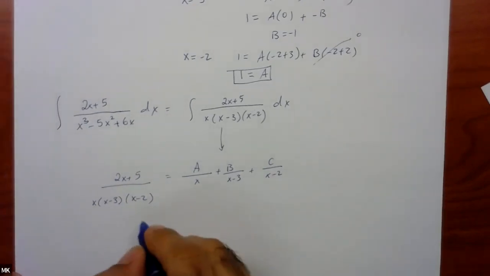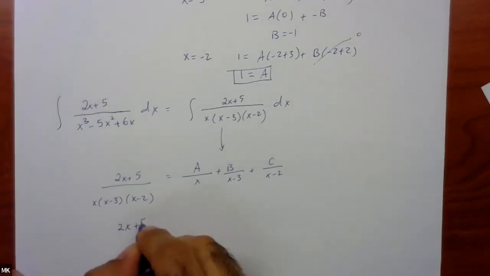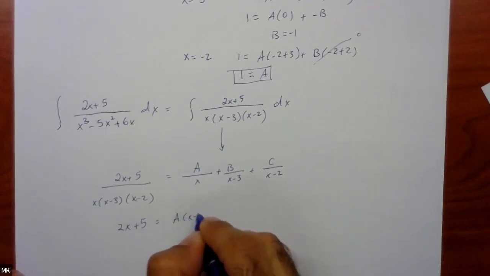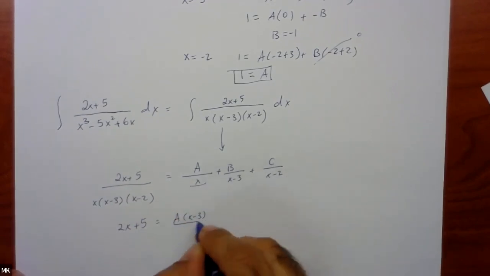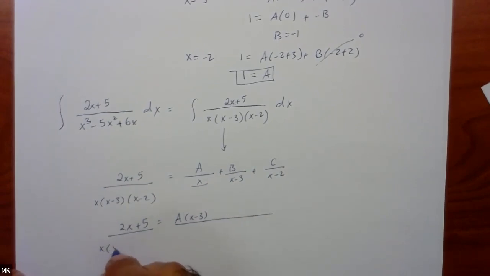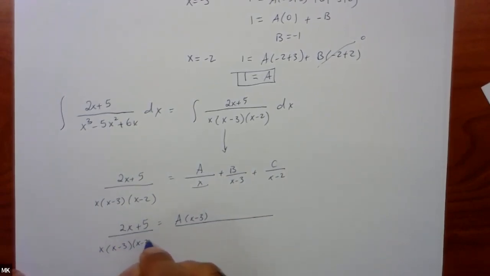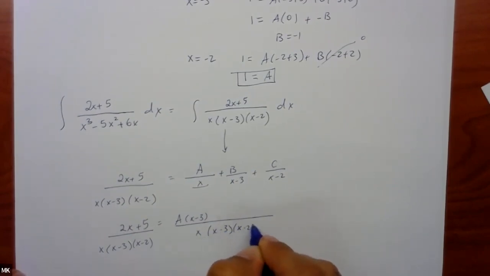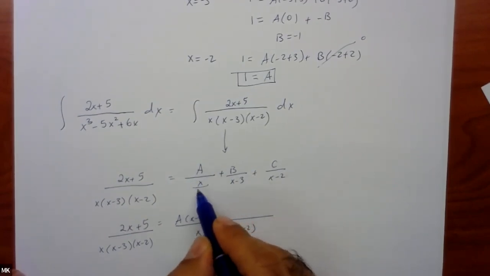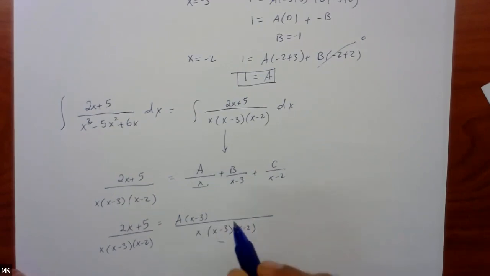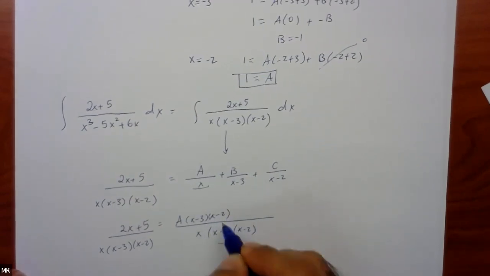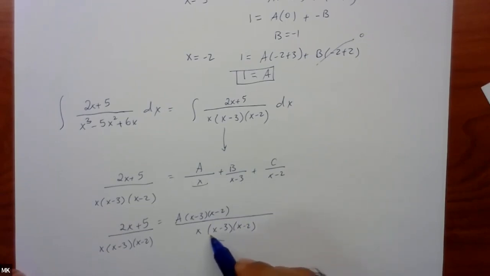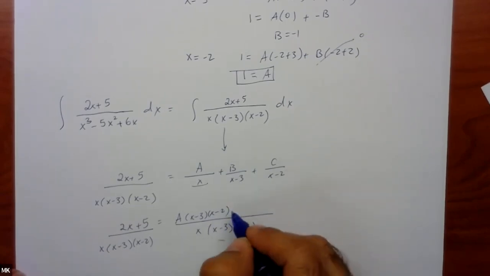Okay, so I'm going to get a common denominator on the right-hand side. So this already has an x, so the common denominator is going to be x(x minus 3)(x minus 2), what we have on the left. So A already has an x, so it needs the rest of it, x minus 3, x minus 2. B already has an x minus 3, so it needs an x and an x minus 2.